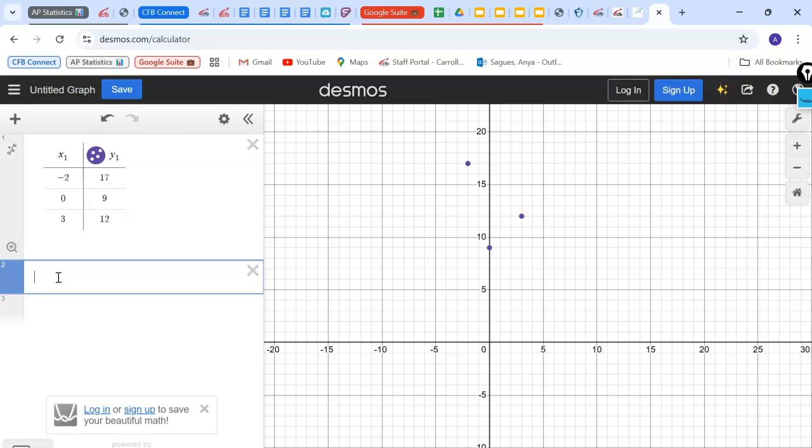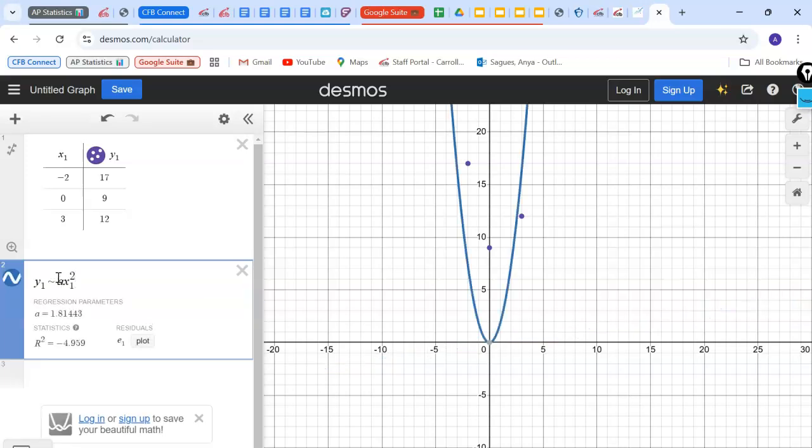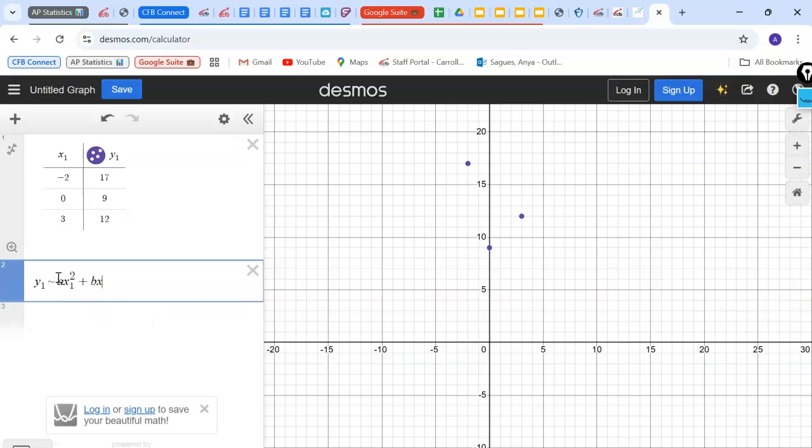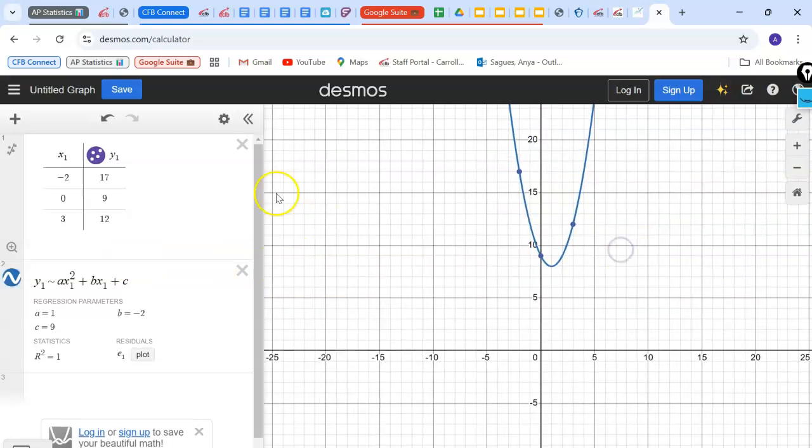When I want to make an equation from these points with a U shape, you're going to need to write this down. You need this equation: ax squared plus bx plus c. You absolutely need this.